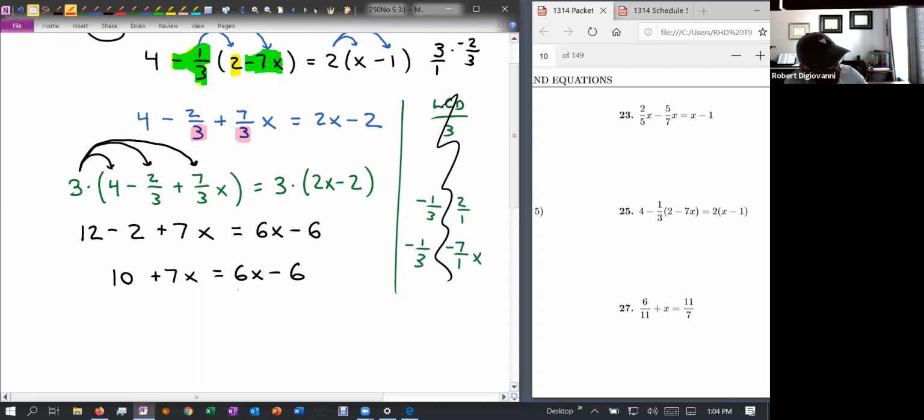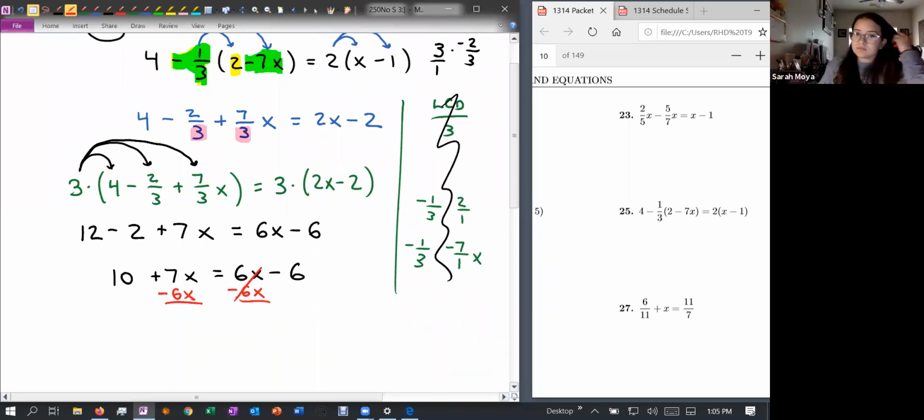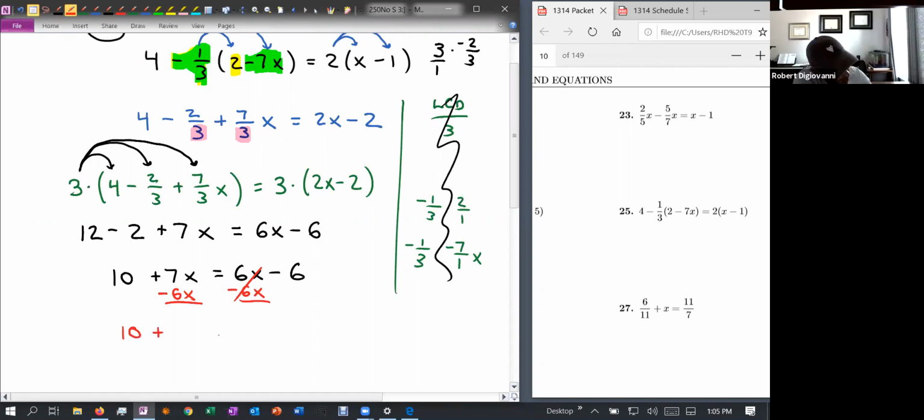So I think I'm going to come in here and take away a 6x on both sides, which will kill off the 6x on the right. How many x's will we have on the left? Just one. Yeah, just one. So we have 10 plus an x equals negative 6.